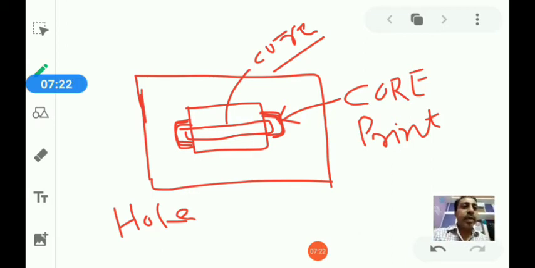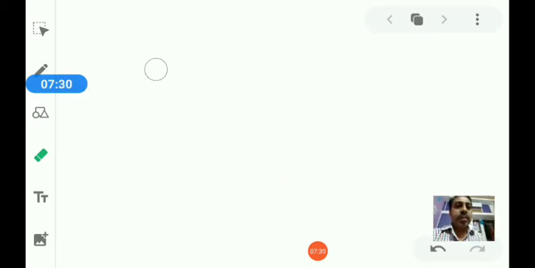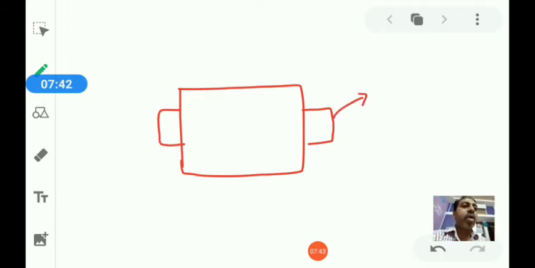The core print is the projected part of the pattern.